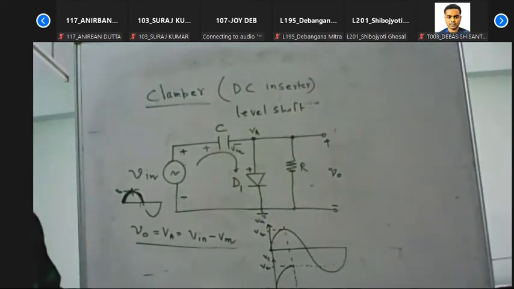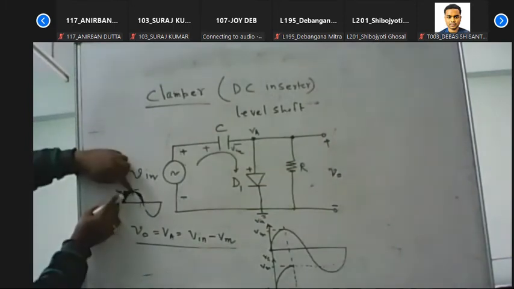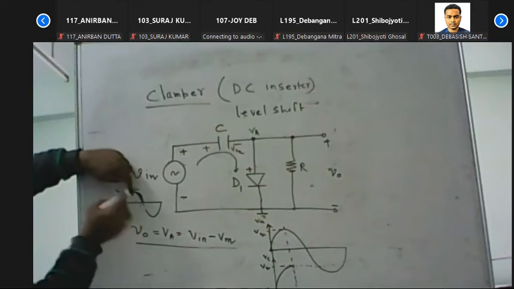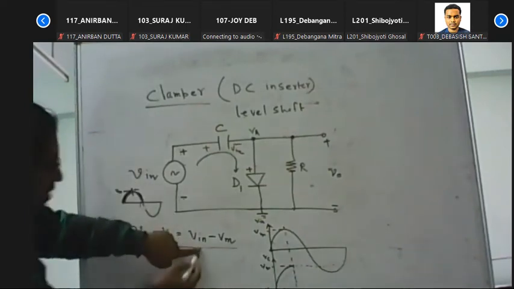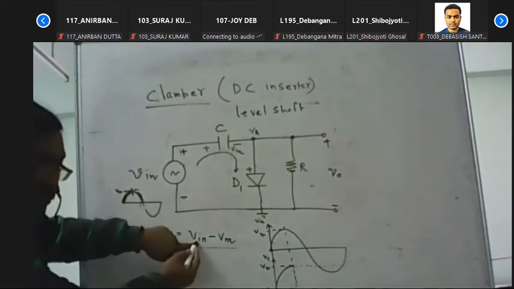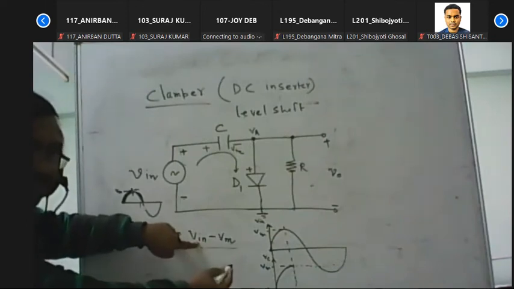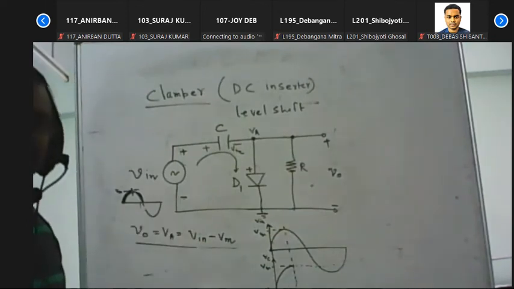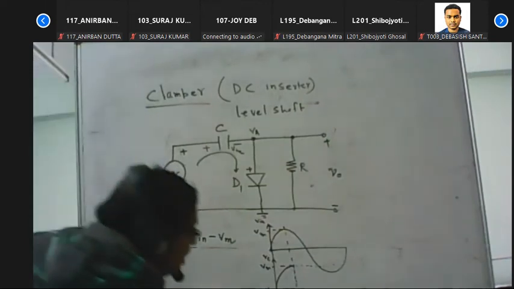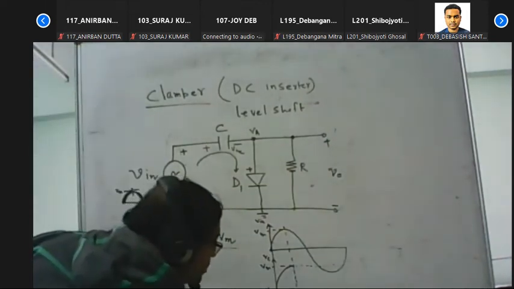Now if we draw the output waveform, it will decrease from Vm to 0. That means the output changes from 0 to minus Vm, starting from here.